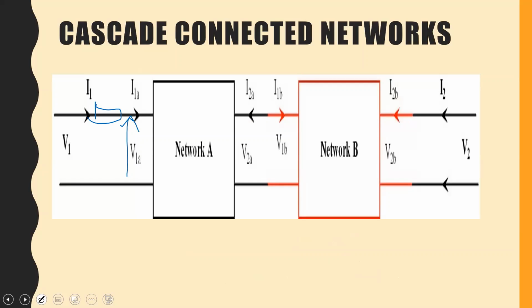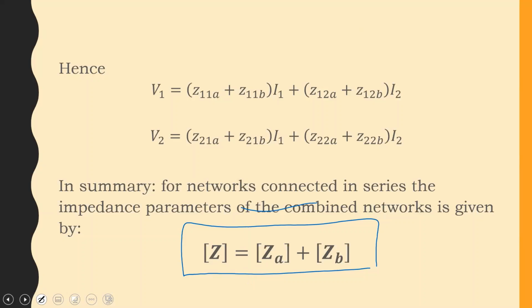So this would be a source voltage, but V1 is the input voltage to port 1 of the network.